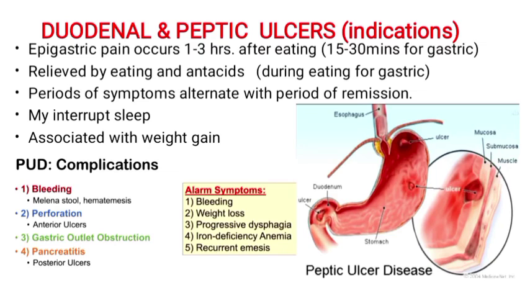The duodenal ulcer occurs in the duodenum, but the gastric ulcer occurs in the stomach, the gastric portion.